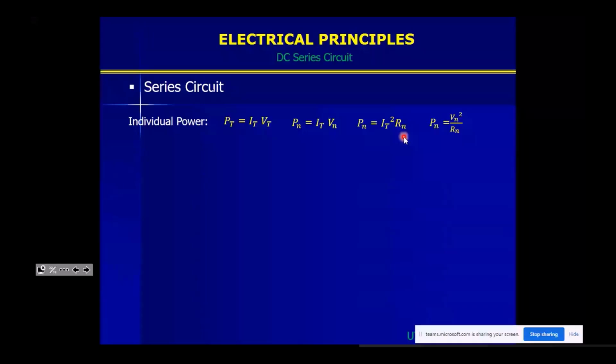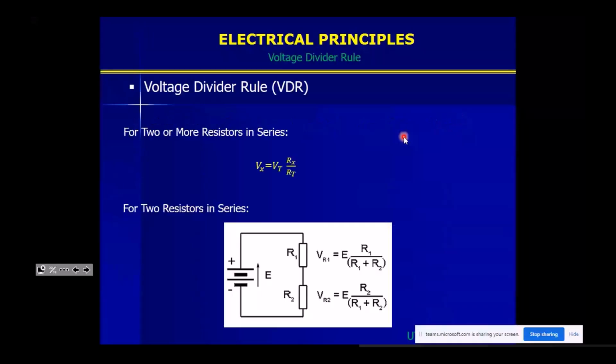Next, we are done with the series circuit. We have another theorem called the voltage divider rule. This is only applied to series circuits. You cannot use it in any other kind of circuit, only series.